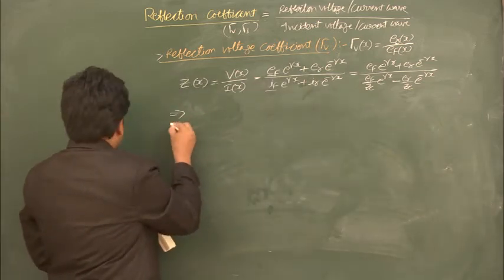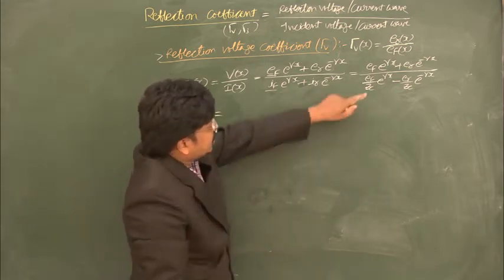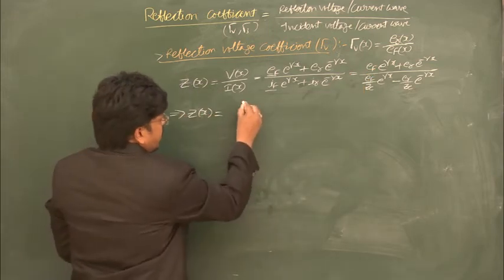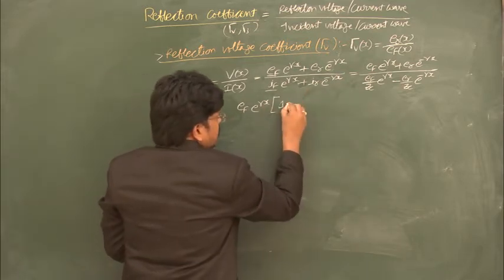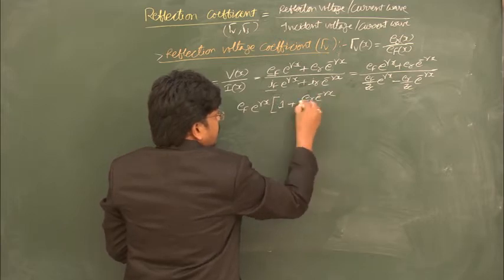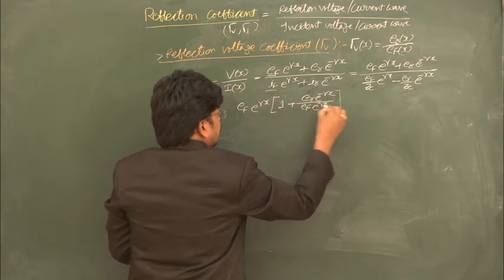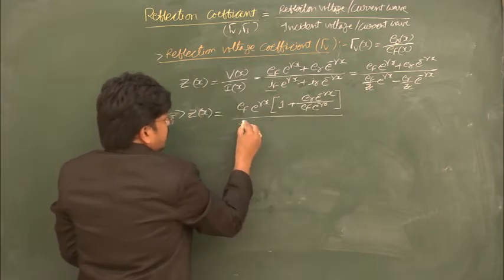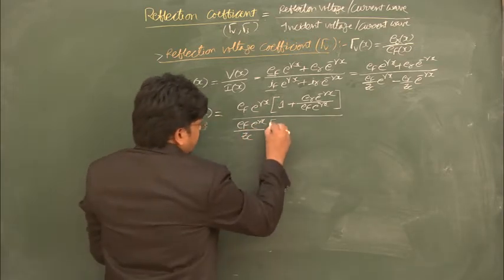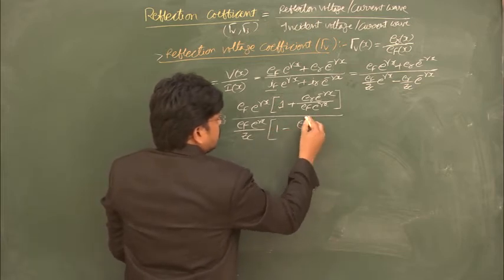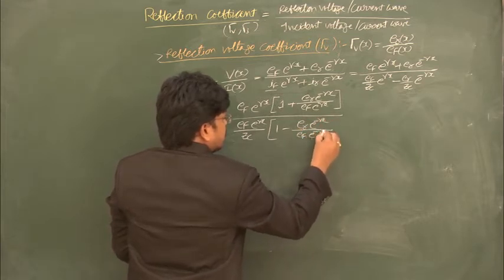Now in the numerator I have taken EF e^(γx) as a common factor, so the first term is 1 plus the second term ER e^(−γx) by EF e^(γx). In the denominator, EF e^(γx) by Zc is taken as a common factor, into 1 minus ER e^(−γx) by EF e^(γx).